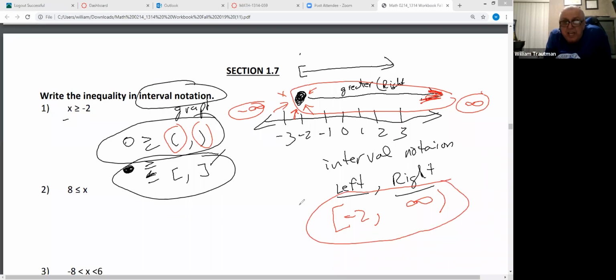This is how the answer should look. This is interval notation. The graph starts at -2, it equals -2, and it goes all the way to infinity, but you can never touch infinity, so you get the parenthesis there. That's what interval notation looks like, the far left and the far right.